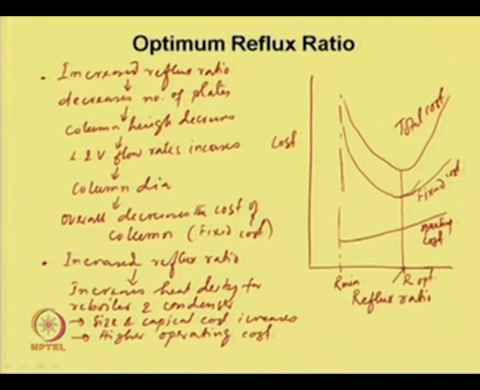This is in general 1.2 to 1.5 times of R min.